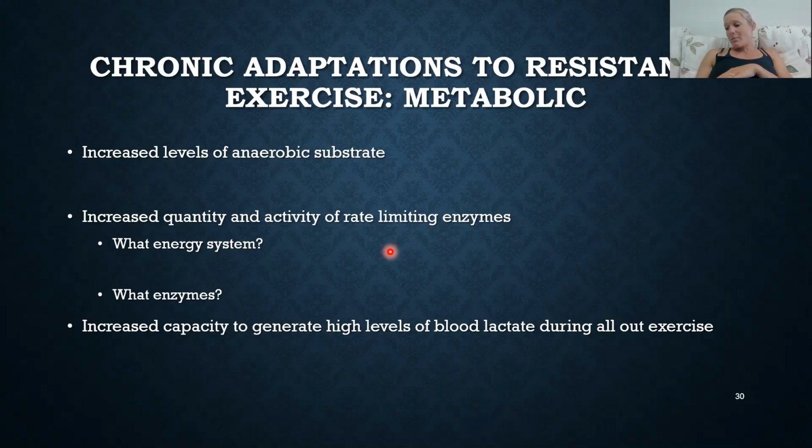So with which energy systems are we concerned? Again, with anaerobic glycolysis, PFK was our rate limiting enzyme. So if I wanted to improve my ability to utilize that system, I would have more PFK available. So that's the enzyme that we're talking about here.